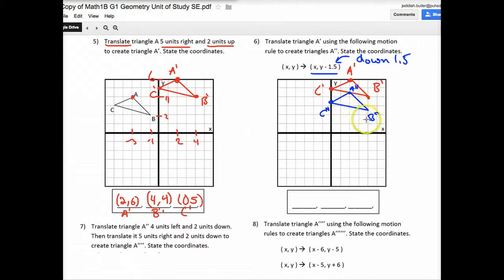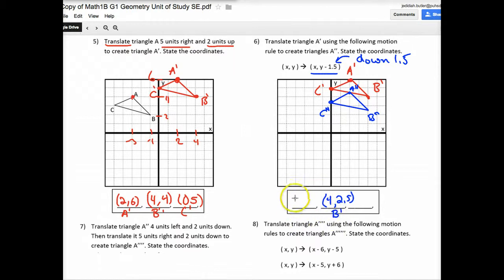All right, so where are those points? Well, B double prime, we're still at 4 for the x, but we went down 1.5. So let's take away 1.5 from that y value, and now you're at 2.5. Similarly, we're going to take 1.5 away from each of the points.